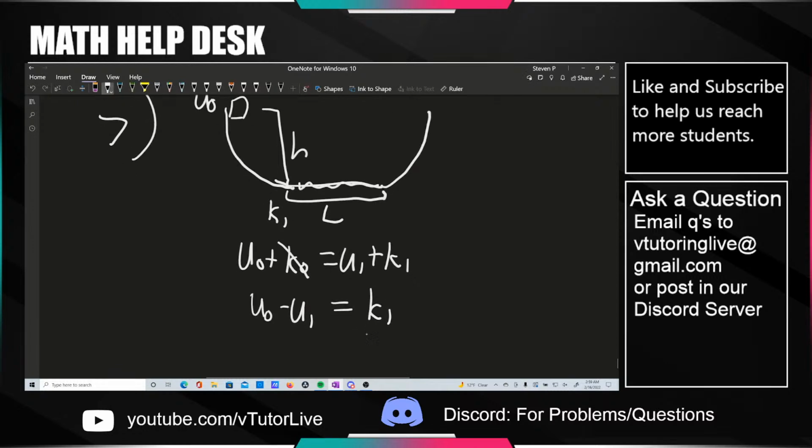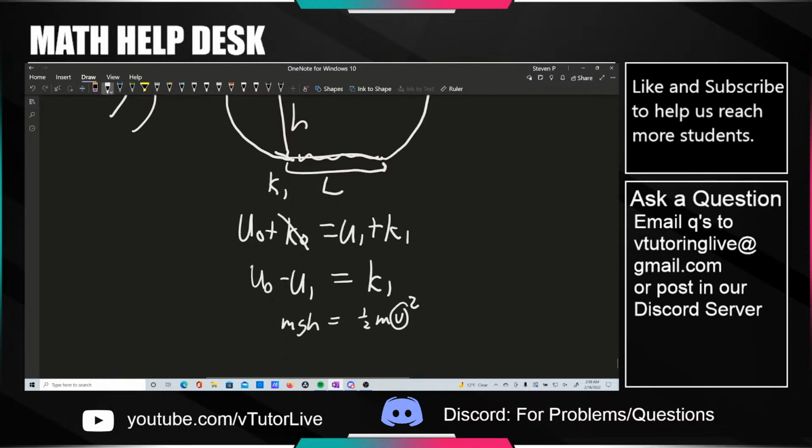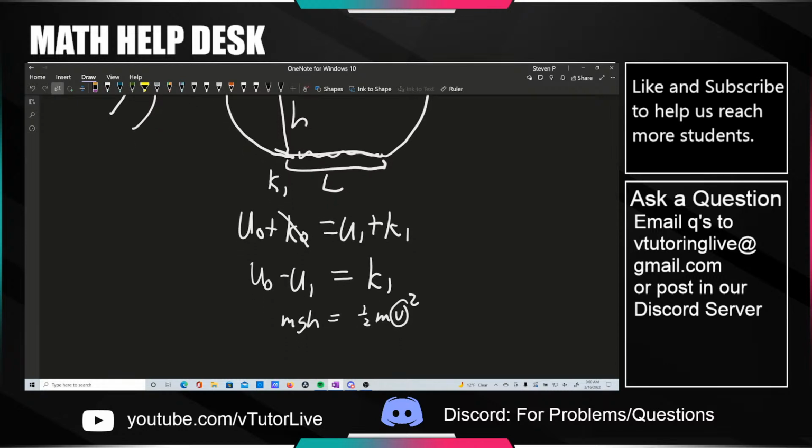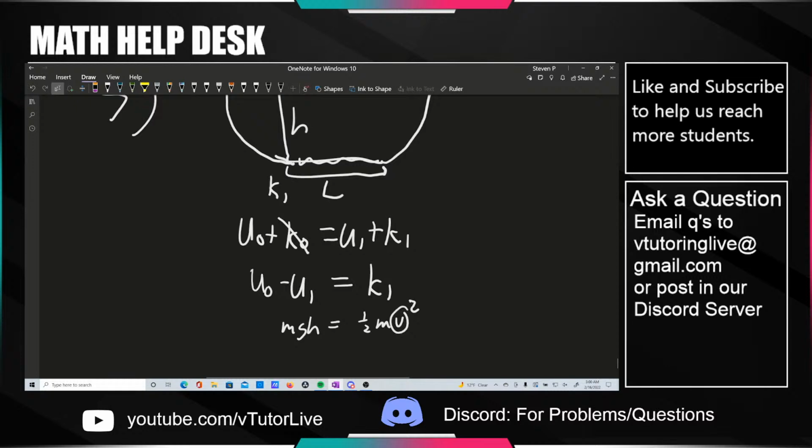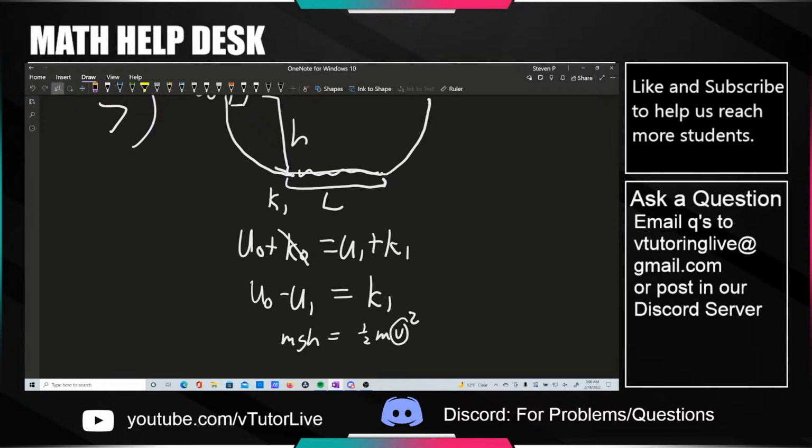So you can solve for the velocity here: mgh is equal to one half m v squared. Oh, I'm sorry, the particle is released from point A, which is at height h equal to L over 2.